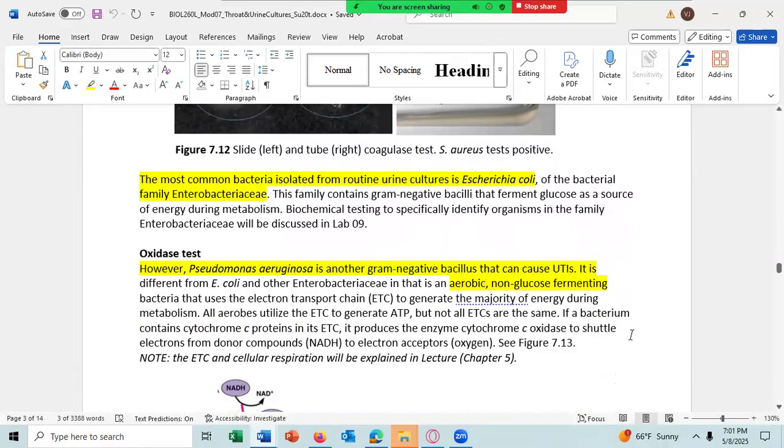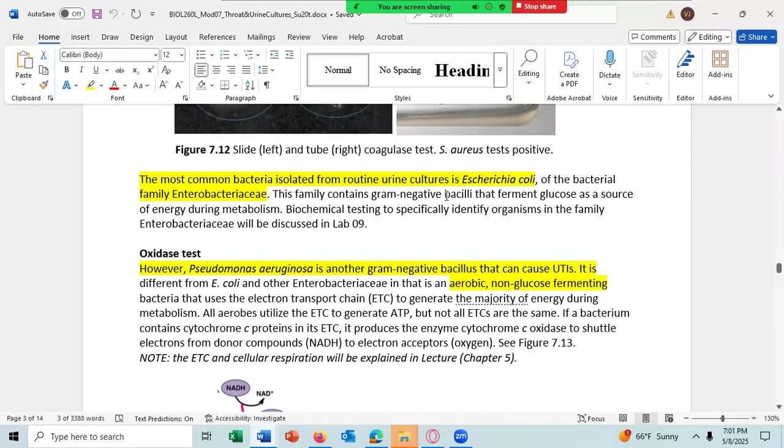All right, the most common bacteria isolated from a routine UTI culture is E. coli, a member of the family Enterobacteriaceae, and there are other members of the family Enterobacteriaceae which can cause a UTI, making the UTIs being caused by the family Enterobacteriaceae, I believe, a little bit over 50%.